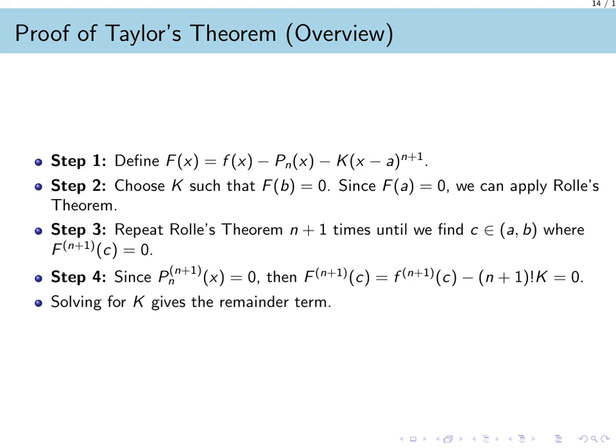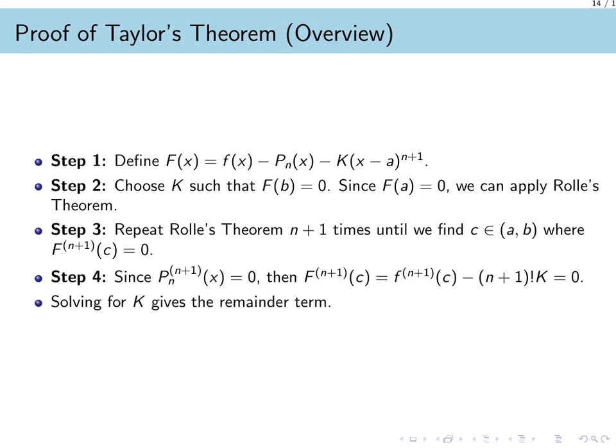This function represents the total error, which is the difference between the original function f of x and its Taylor polynomial, plus an extra term involving a constant, k. Second, we choose the value of k very strategically, ensuring that this error function F is 0 at both x equals a and x equals b.